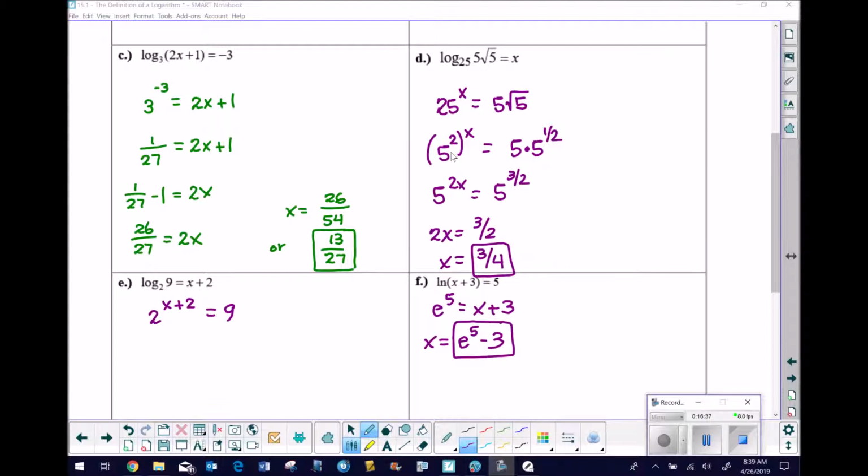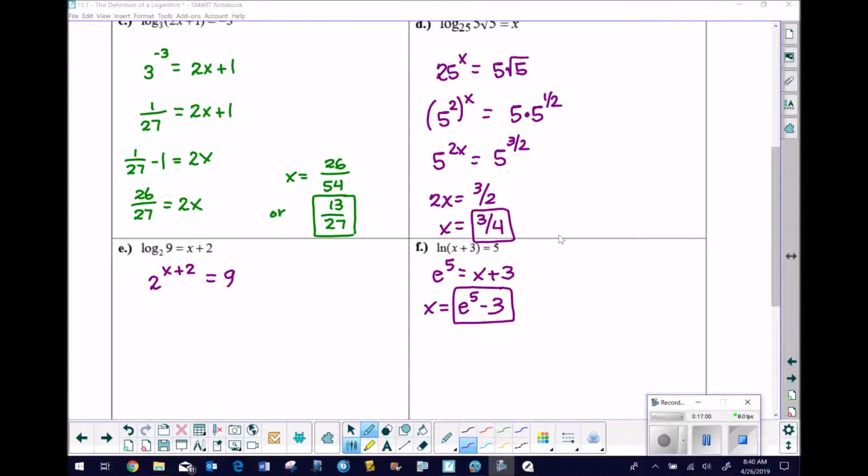So the 25 would be 5 squared, still raised to the x, which is eventually 5 to the 2x. Over here, I thought to take 5 and raise it to the 1/2 power so that I can add the two exponents to get 5 to the 3/2. And now that my bases are the same, I can just equate the exponents to each other and easily solve for x to get 3/4.